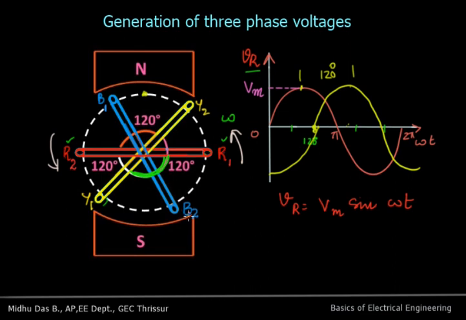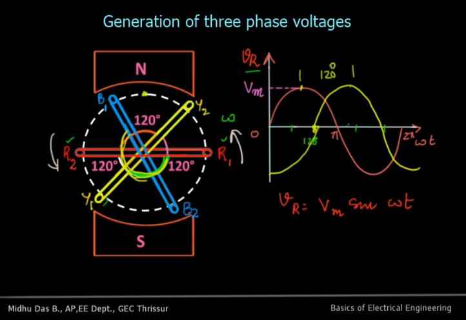What about the coil B1, B2? It is displaced from the R1, R2 coil by 240 degrees. This angle is 120, this is 120, which makes 240 degrees. What does that mean? The B1 conductor will reach the same position as R1, or the B2 conductor will reach the position of R2, after 240 degrees only.